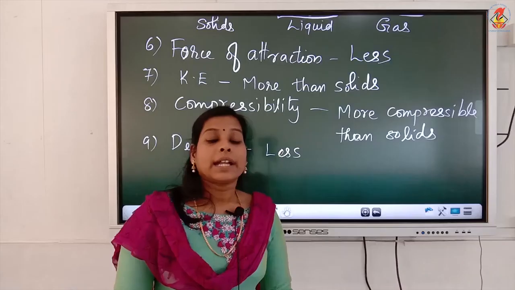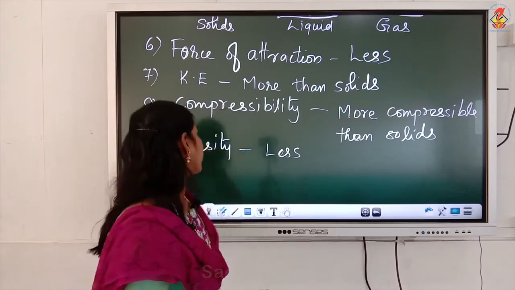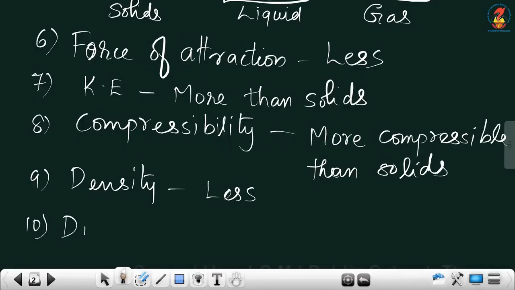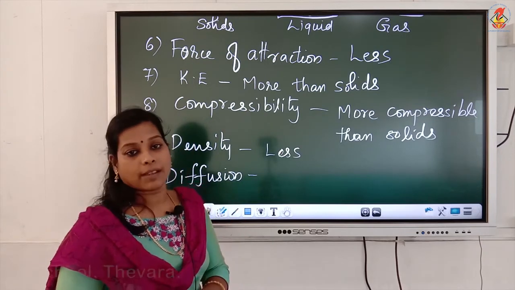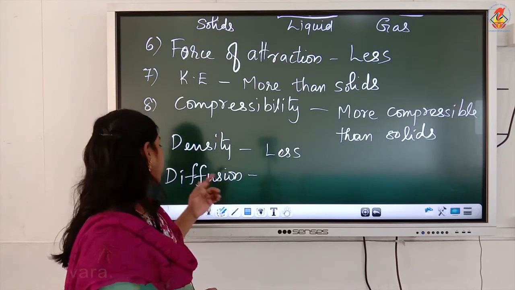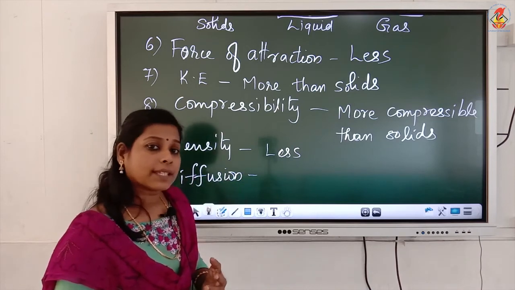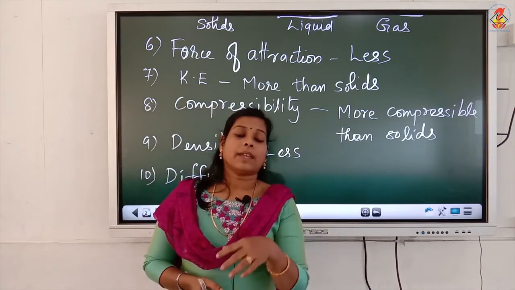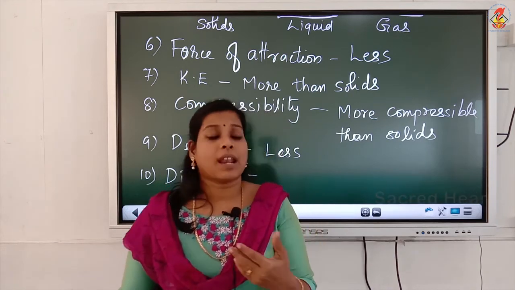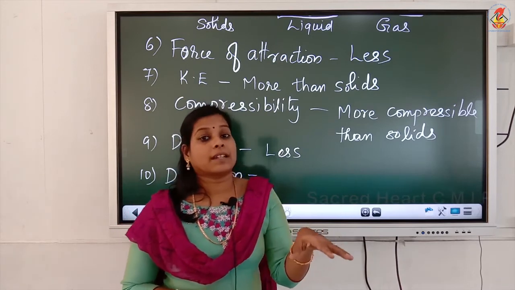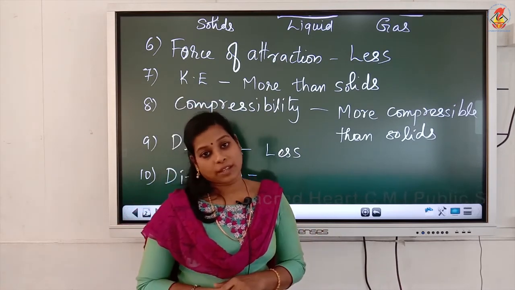Now we can see the case of diffusion. If we consider the diffusion of liquids, we have seen the diffusion in the solid state, isn't it? There the diffusion is very less, so we can say diffusion is negligible there. But in the case of liquids, we have seen one activity: into a beaker of water we dropped 2-3 drops of Ujala or Dettol, and without stirring it, they intermixed.